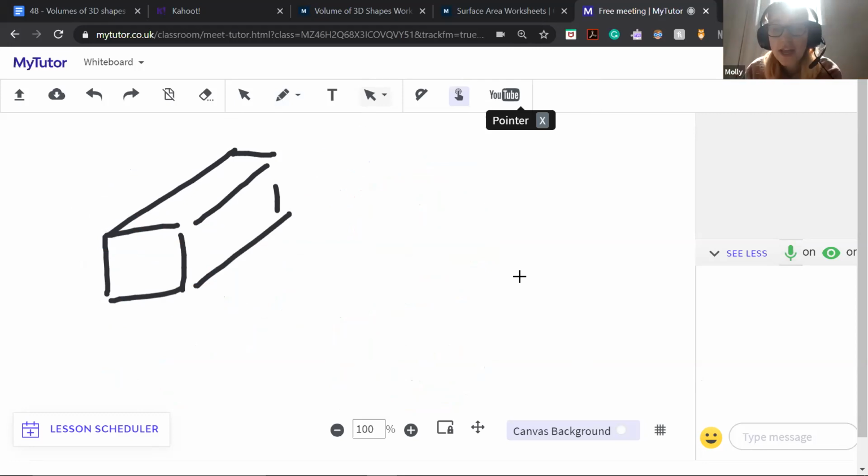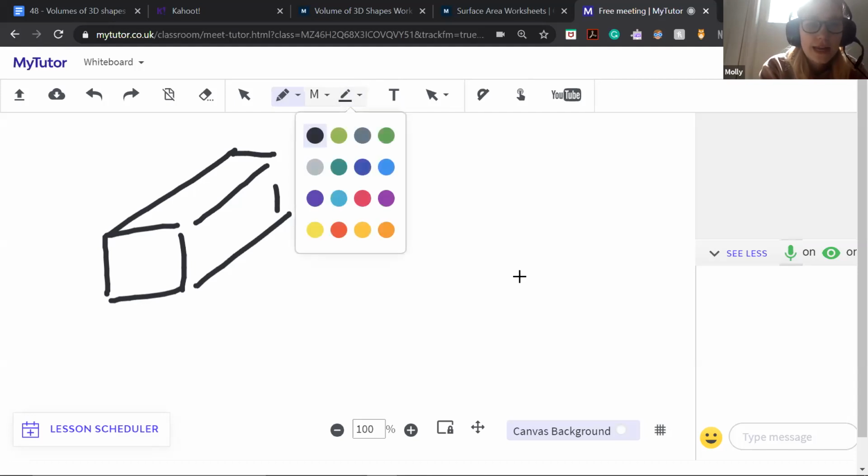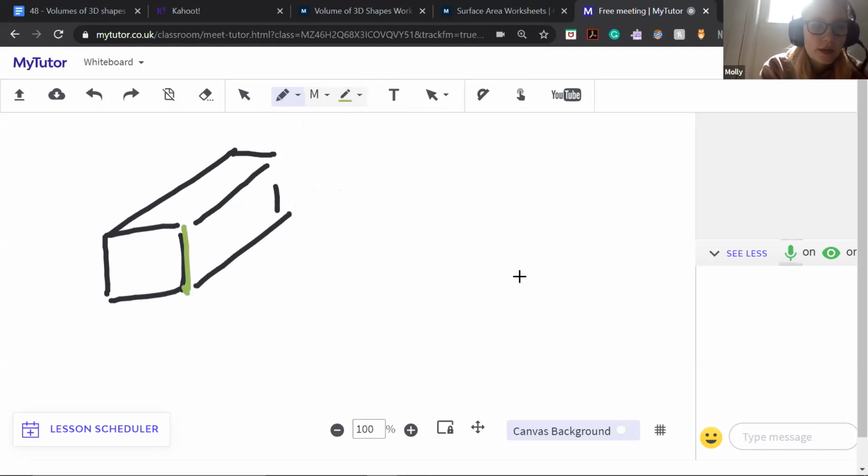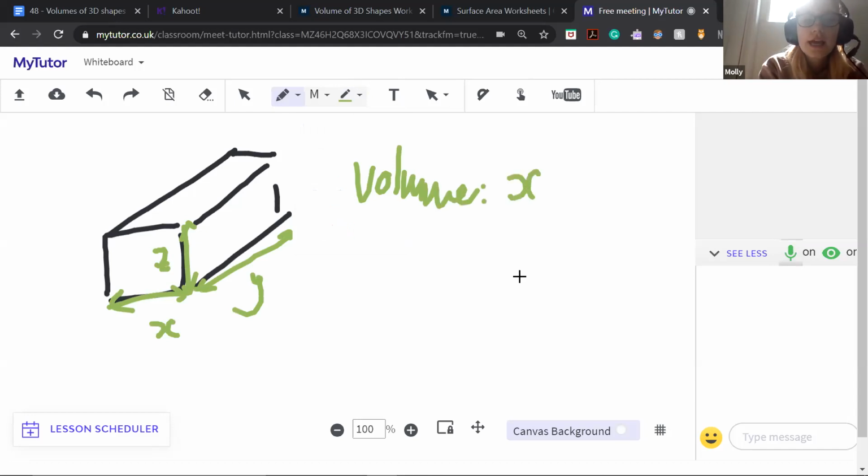It's like if you took a rectangle rather than a square and stretched that out. So what we do here, if we label these this time with, say, x, y, and z, then the volume is just x times y times z, in centimeters or whatever the unit is, cubed.